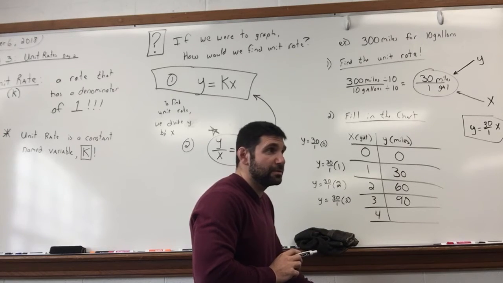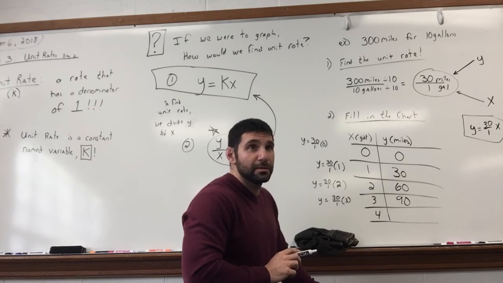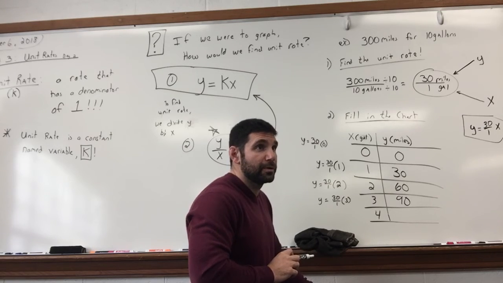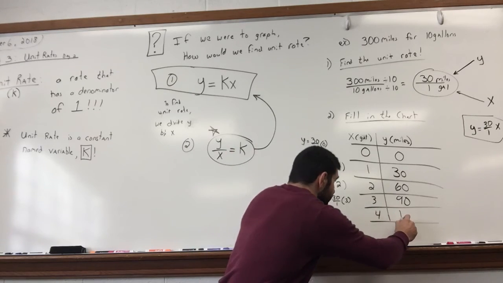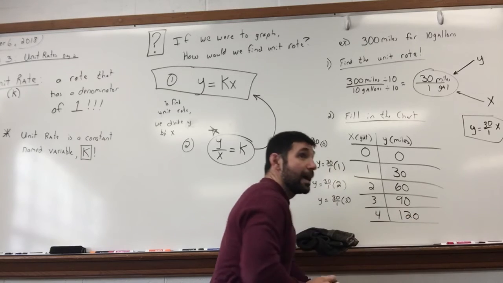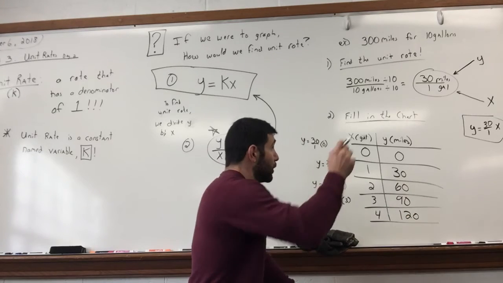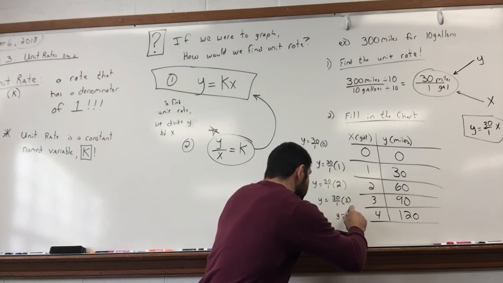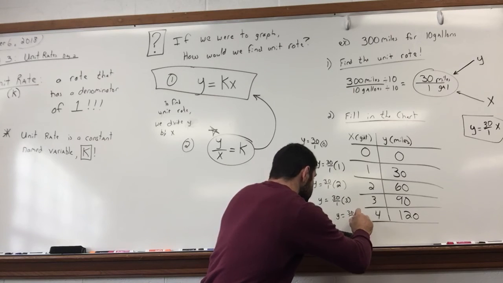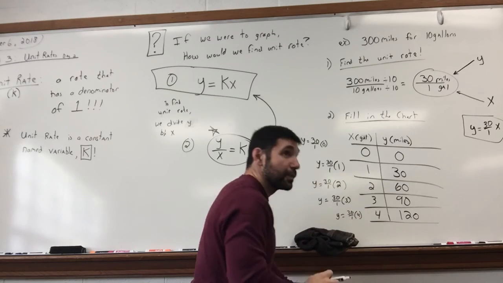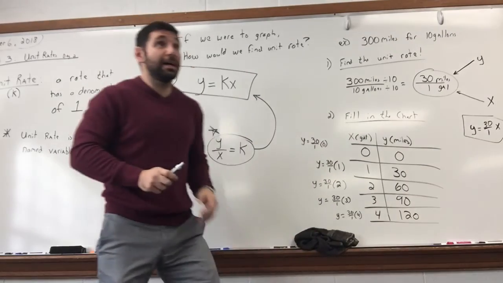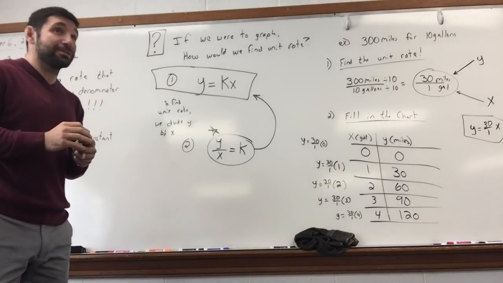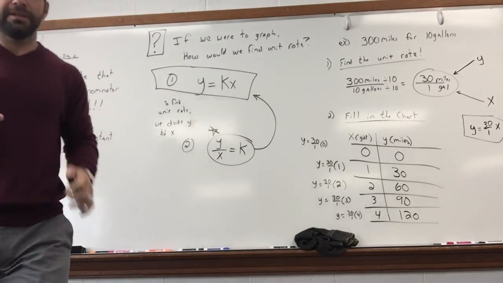Not quite 1200. 120. Very good. How could I do that and show it with the equation? y equals 30 over 1 times 4. Folks, we'll be spending a lot of time on this, especially tomorrow. Okay? Let's do another example.